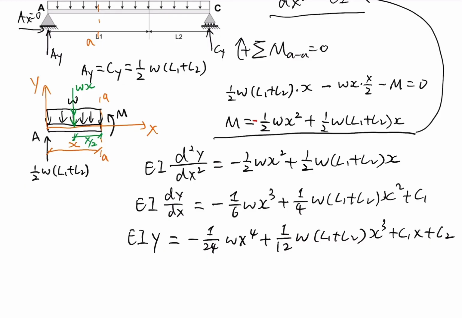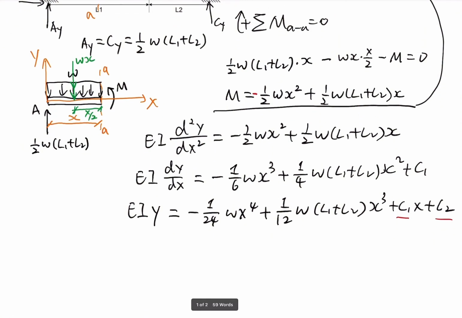Okay, so we got two unknown constants, C1 and C2. If we want to find the deflection, we must evaluate C1 and C2. So how to evaluate C1 and C2? We need to apply the boundary conditions.